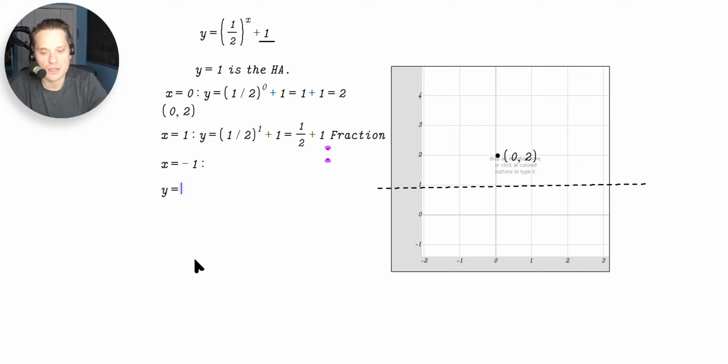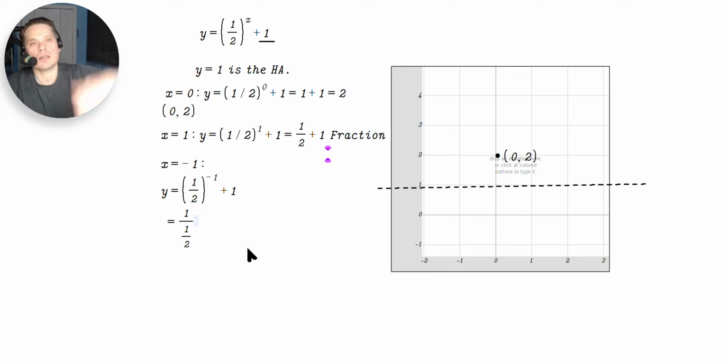So we're going to have y is equal to (1/2) raised to the -1 plus 1. And now we work with this. By the meaning of negative exponents, this becomes 1 over 1/2. The whole thing goes under an extra 1 in the top. That's the meaning of negative exponents. Then you add a 1. Then you're going to do 1 divided by 1/2. That's 2.